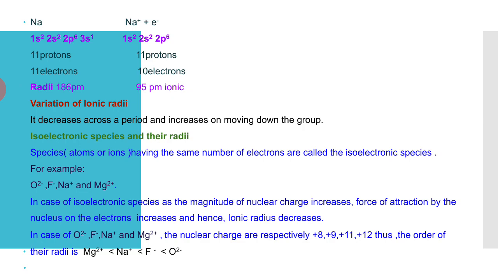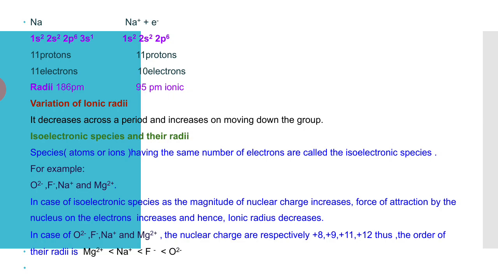Species, atoms or ions having the same number of electrons are called isoelectronic species. For example, O2-, F-, Na+ and Mg2+.